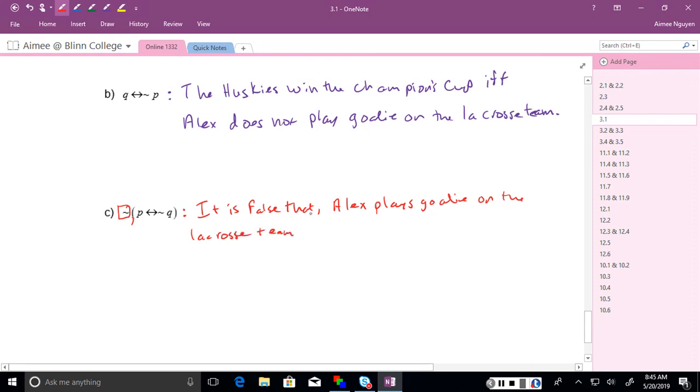Then I have my double arrow, my biconditional, if and only if. This is the Huskies don't win, right? The Huskies do not win the Champions Cup.